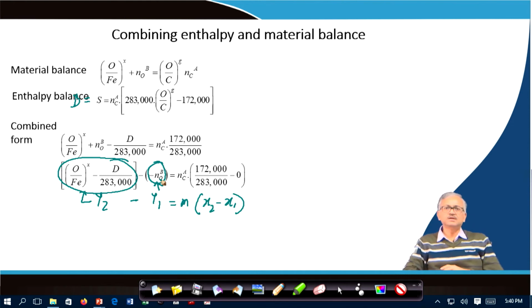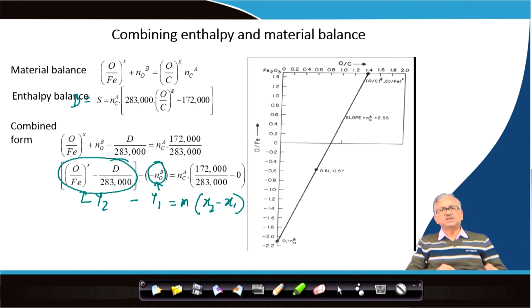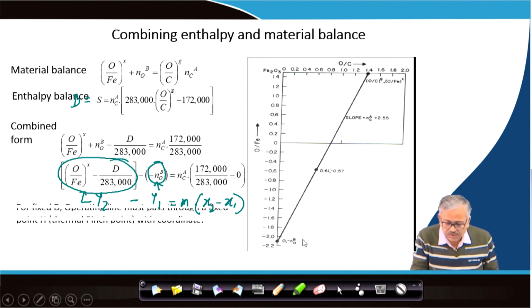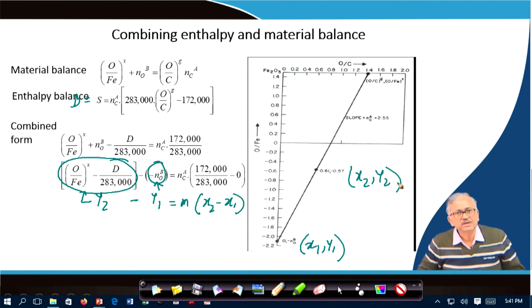So it gives the equation of a straight line. This is the coordinate of x1, y1, and this is the coordinate of x2, y2. These are the two coordinates you can find. So you have a straight line equation.